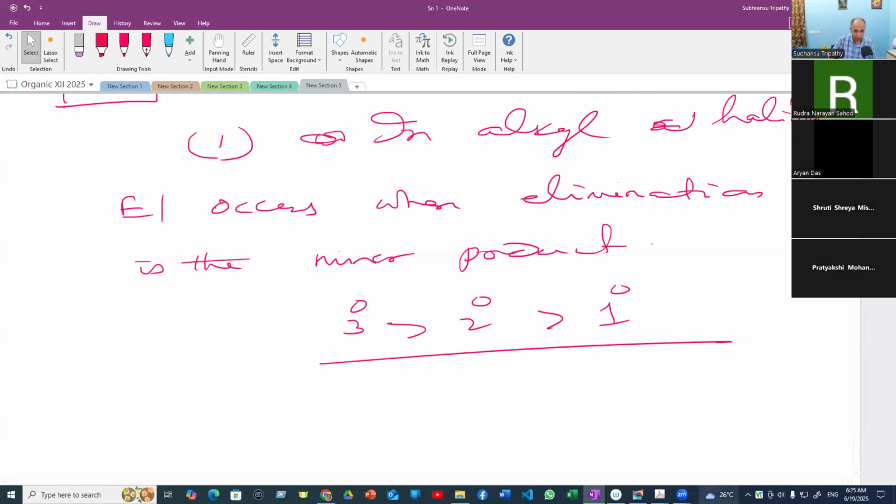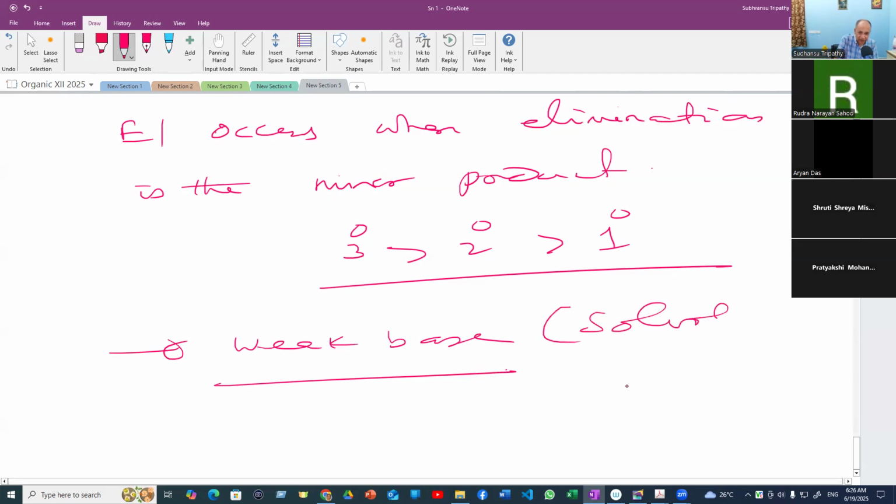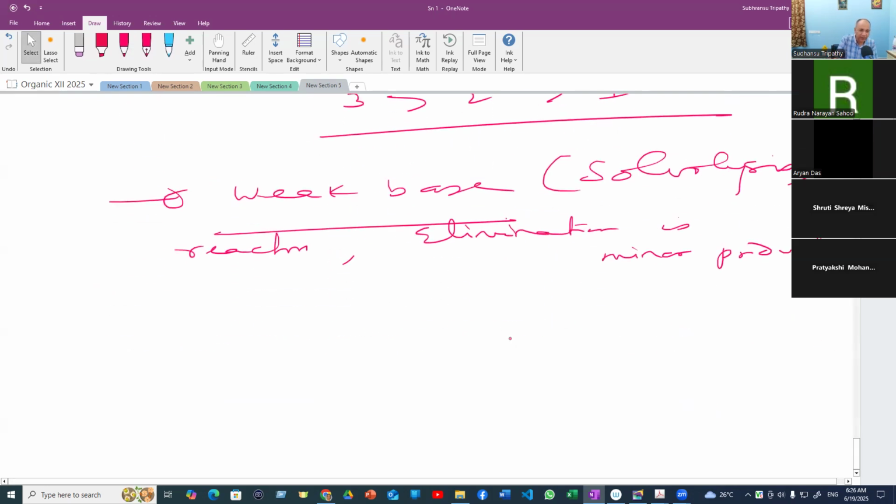Now see, when you are using a weak base, a solvolysis reaction, elimination is the minor product. Supposing you are taking tertiary butyl bromide or tertiary butyl chloride, and you are adding water.